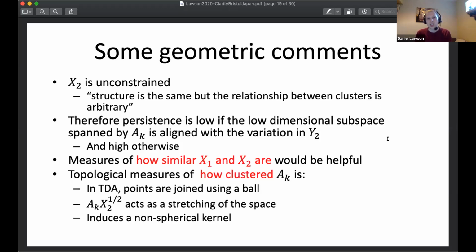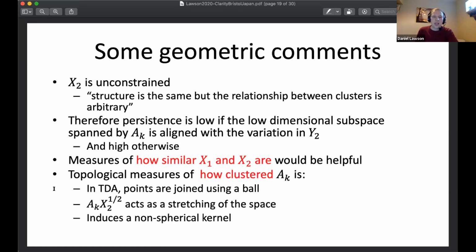As a consequence, the interpretation of these kind of complexities is whether the low dimensional subspace that is spanned by the first k columns of the eigen decomposition of Y1, is that aligned to the same thing in Y2? And so the persistence is low if they are aligned and high otherwise. We'd like to measure how similar the x's are, so how similar are the relationships, and potentially constrain them.